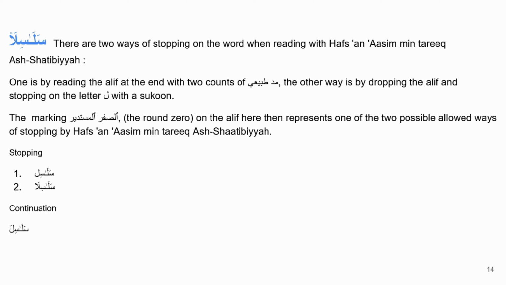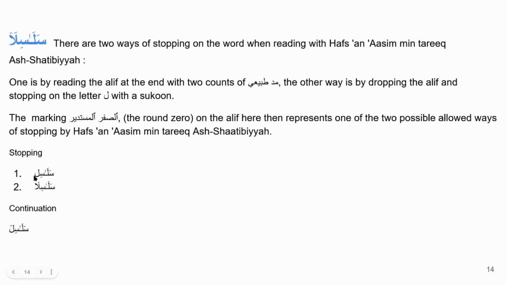And the last one is the word salasila, which appears in Surah Al-Insan, ayah number 4. And there are two ways to stop on this word when reading with Hafs An Asim Tariq ash-Shatibiyya. One of them is reading the alif at the end with the two counts of maddu tabi'i, and the other one is by dropping the alif mad and stopping on the letter lam with a sukoon. So that's why this alif here does not carry the marking of oblong zero, but it carries the marking of round zero, because there are two possible ways to stop here.